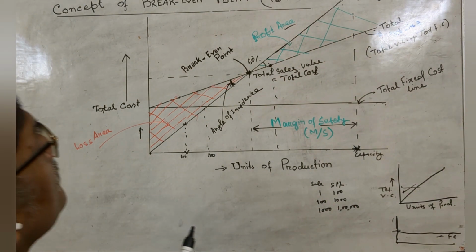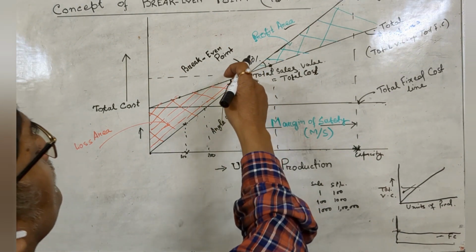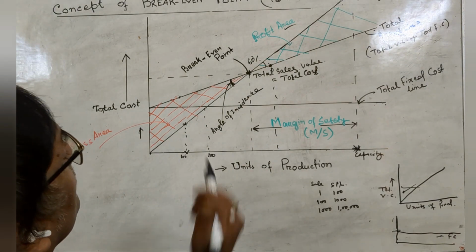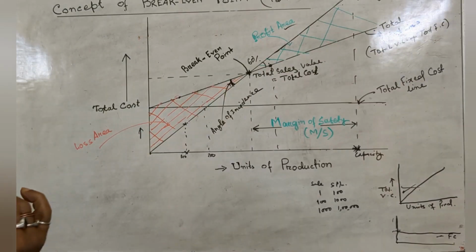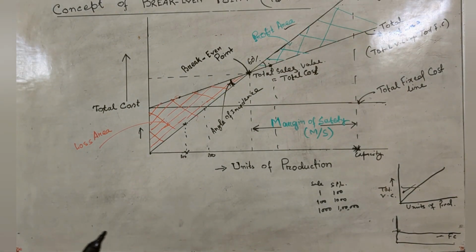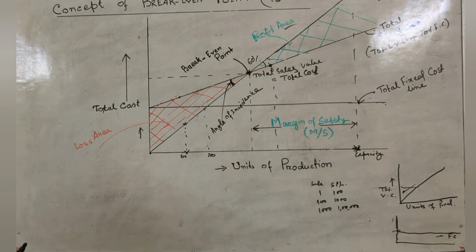And if the farm cannot produce and sell in the market less than that capacity, say 55% capacity, 58% capacity, the farm will be in loss. That means if the break-even point is higher, then it will be more risky for the manufacturer or the owner or production units of the farm.